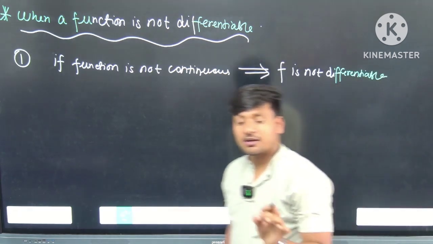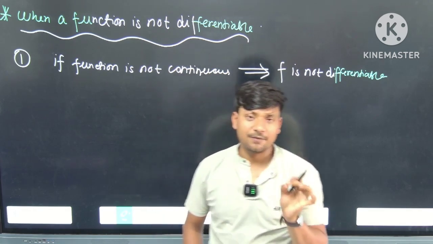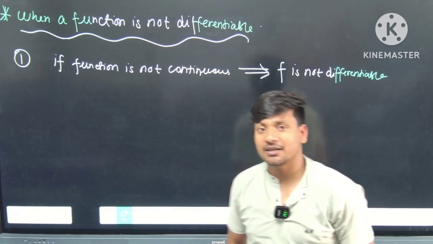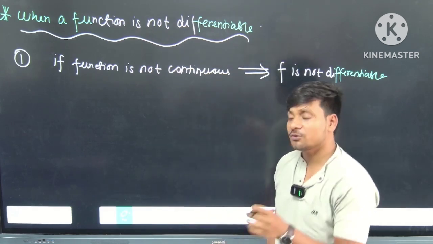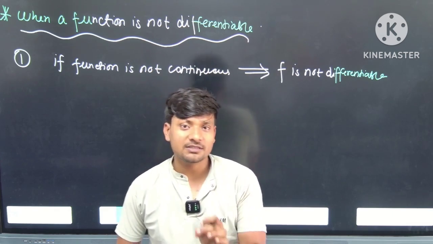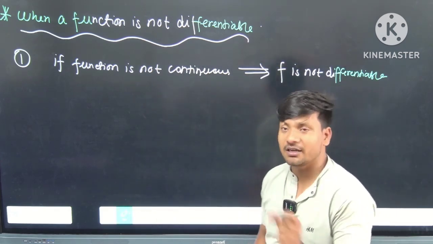If the function is not continuous at any point, then directly we can say that the function is not differentiable at that point, because continuity is the necessary condition for differentiability. If you want to check the differentiability of the function at any point, the function should be continuous at that given point. So the necessary condition for differentiability is continuity.